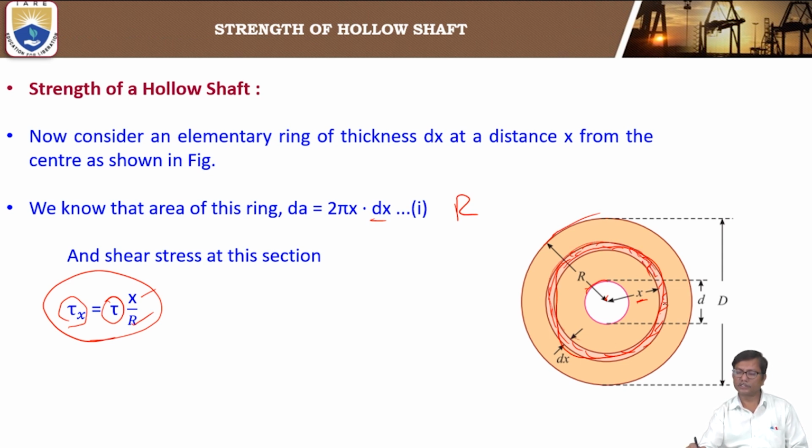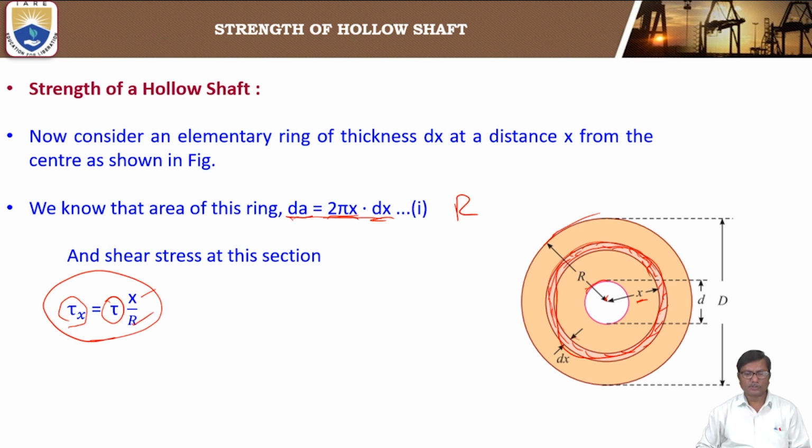The length of this ring is nothing but 2 pi x, the circumference. So the area of the element dA is equal to 2 pi x into dx. Length multiplied by thickness gives the area of the elementary ring.